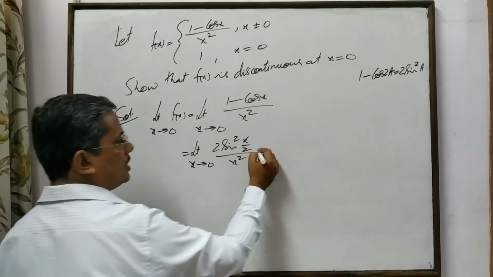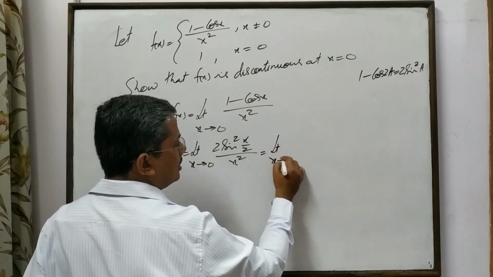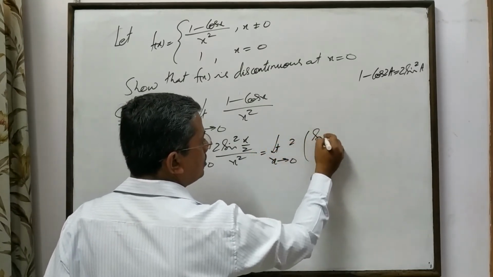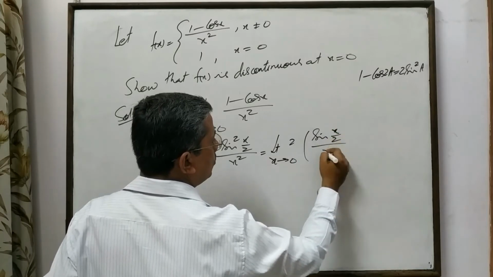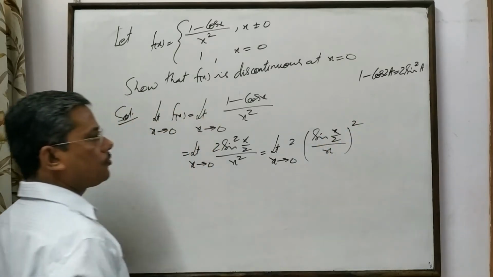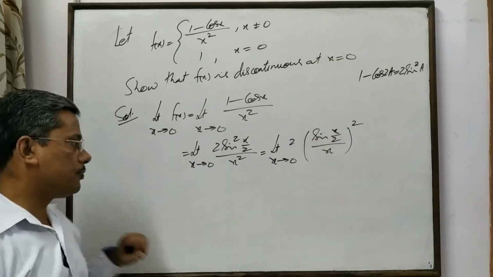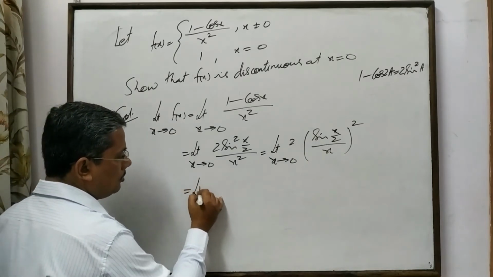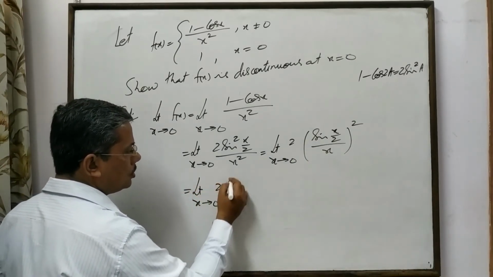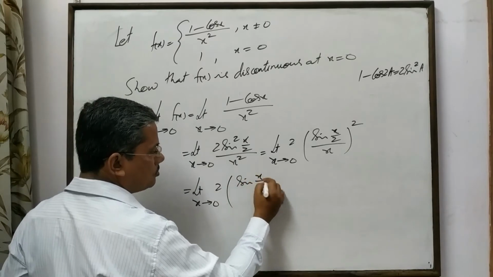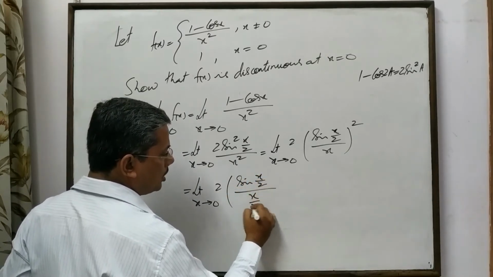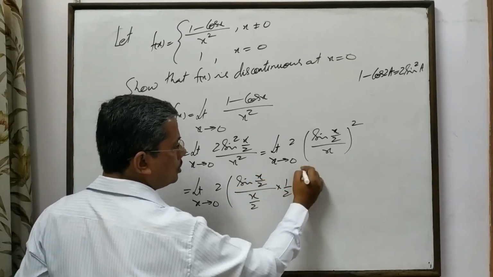So we can write this as limit x tends to 0 of 2 times sine x by 2 upon x, the whole square. Now to make this angle same, we need an angle x by 2 into 1 by 2, the whole square.